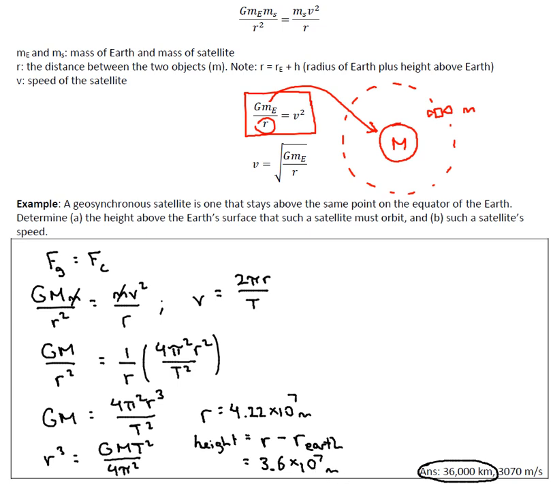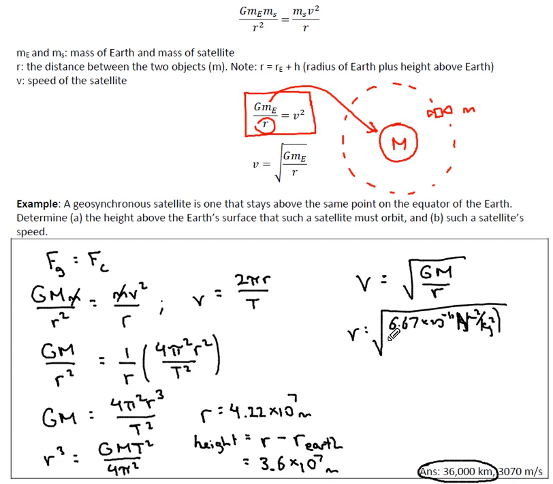So part B is asking, what is the satellite's speed? That's usually the equation we just derived right above. We can say v is equal to the square root of GM over r. Plug in our values: 6.67 times 10 to the negative 11 newton meter squared per kilogram squared.